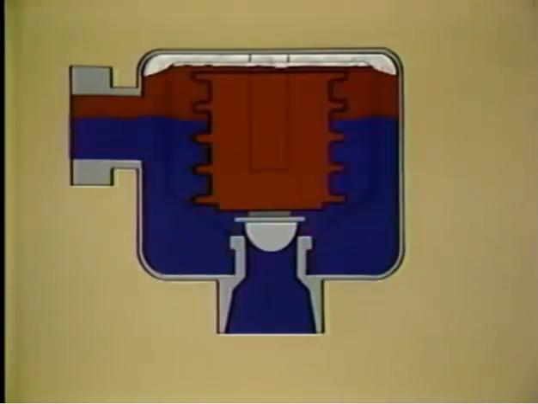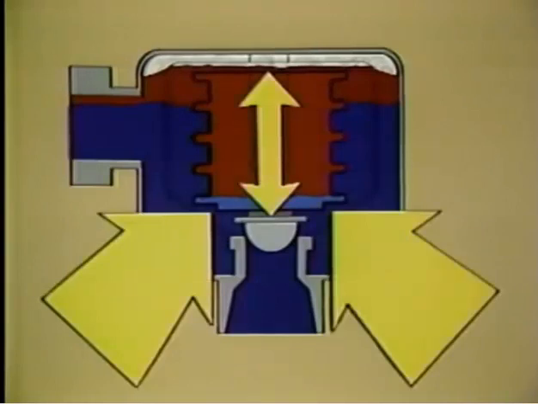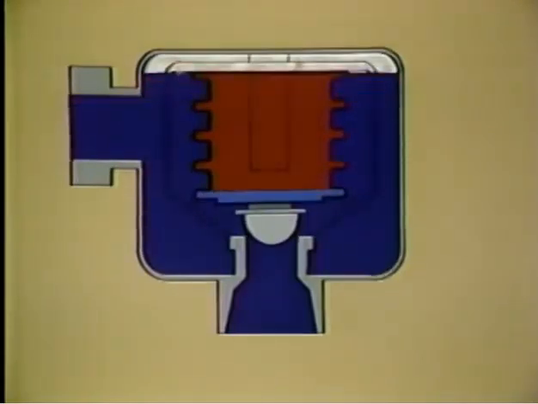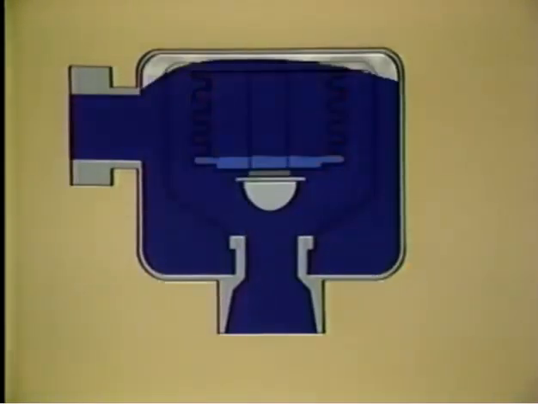As the condensate in the trap cools, it steals heat from the thermostatic element. Eventually, this condenses the gas inside the bellows, lowering its internal pressure. The relatively higher system pressure outside the bellows compresses it and pulls the valve off the seat to open the trap.